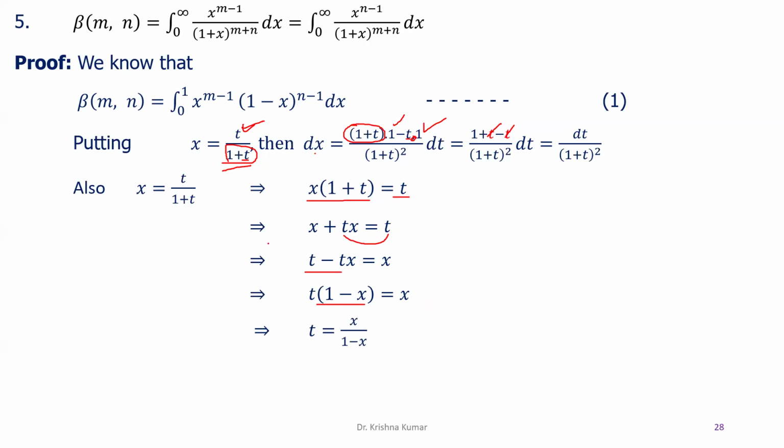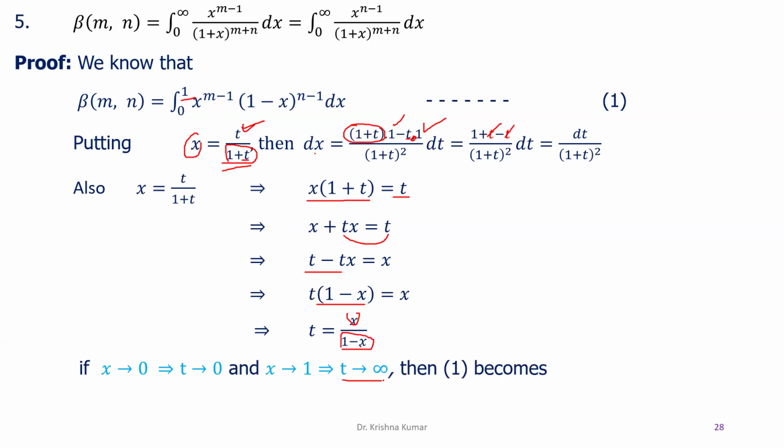Now, if we put x is equal to 0, this is 0 upon 1, which gives us 0. Similarly, if we put x is equal to 1, something upon 1 minus 1 means 0, and something upon 0 is infinity. So if x tends to 0, t tends to 0, and if x tends to 1, then t tends to infinity.